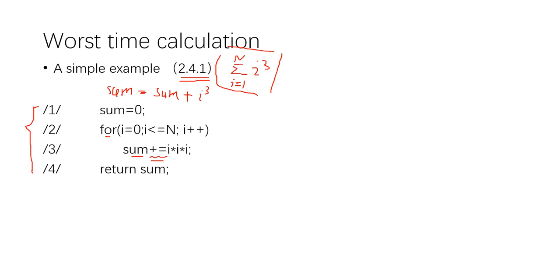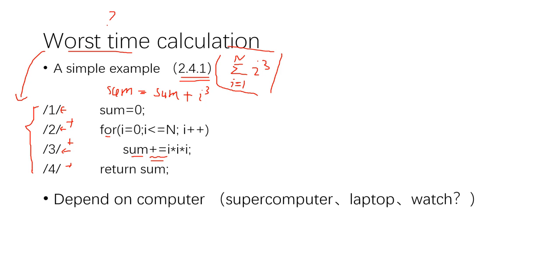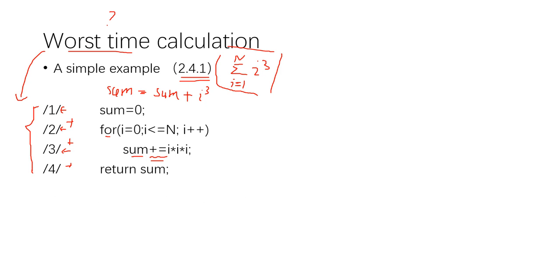Then how do we calculate the worst time of this part? How do we calculate the time? Some students will think, how about we add all the times together, figure out the time for line 1, line 2, and line 3, and add them together. That should be the total time. Okay, let's try this way to see what will happen.